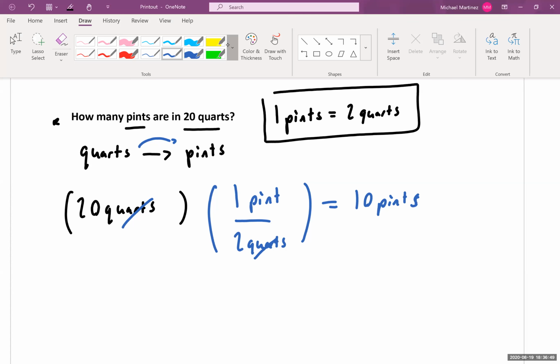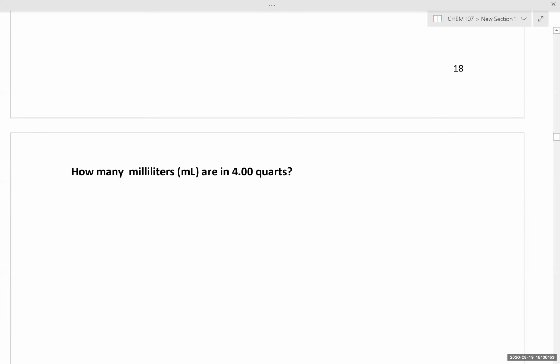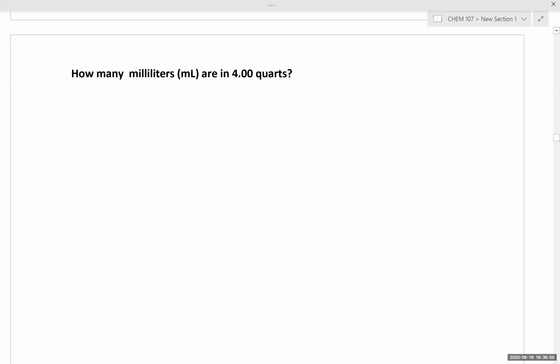So let's keep going now and let's do another example. So this one's a little more complicated. This is a multi-step conversion where we're asked how many milliliters are in 4 quarts. Okay, so we're starting off with quarts and we're trying somehow to get to milliliters. So now what we're going to do is we're going to go to our table.